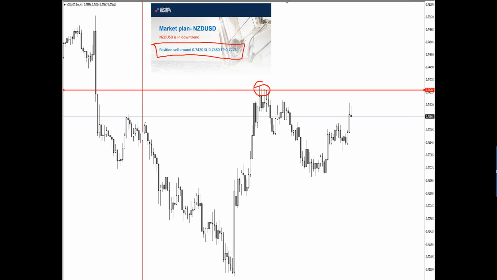Yes, Greg is saying he made some bucks on this. Look at this. I said sell at 74.20. Look at the rejections. Now pay attention to price action. This is complete price action trading here. I also took some pips on this because I saw 6 rejections of 74.20. Okay.